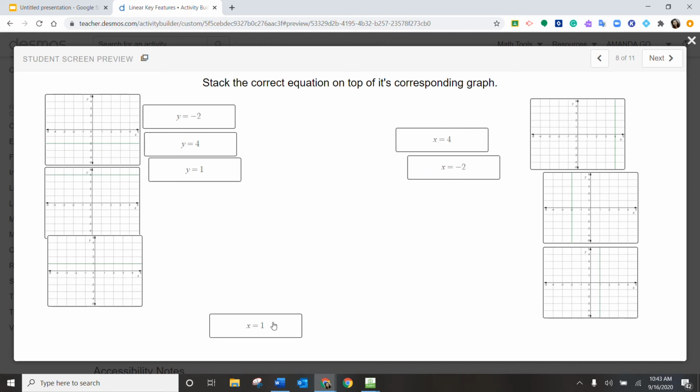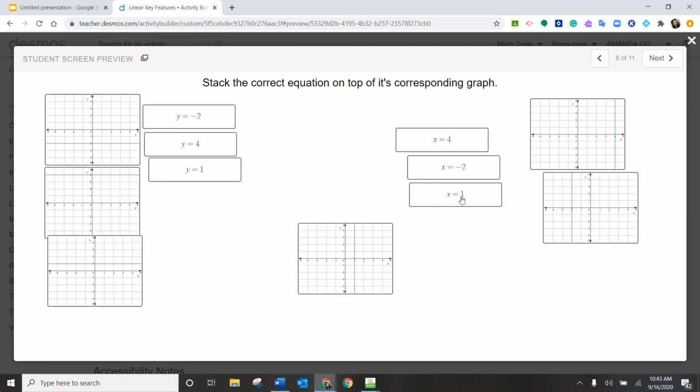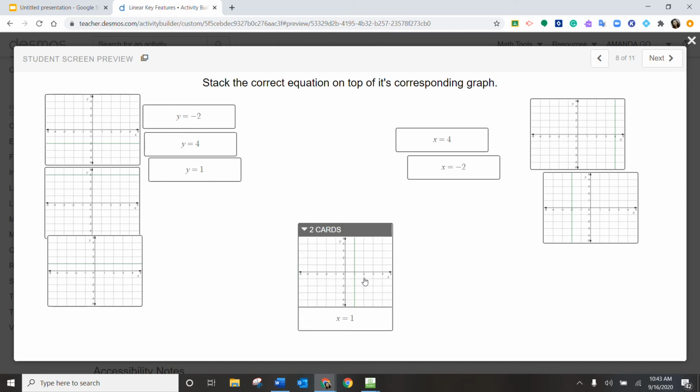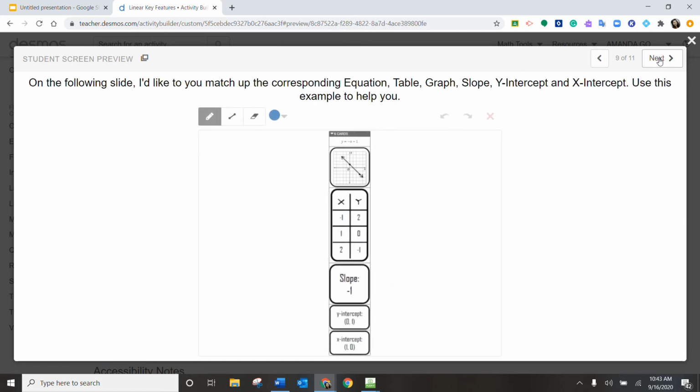Now remember, you're going to get the graph and then take the equation that correctly corresponds with the graph and click them together. That's how you'll get a correct grade. And you're going to do that for all 6 of these graphs. Now, I went ahead and showed you a little example of what that looks like whenever it clicks all together.